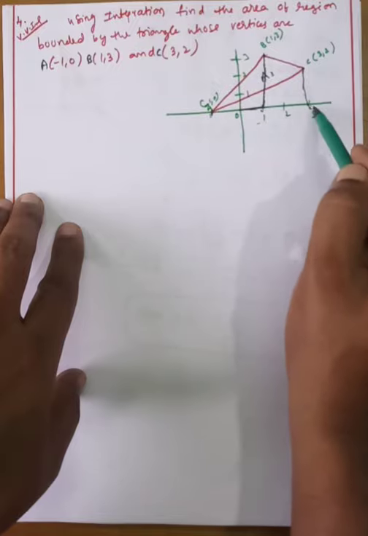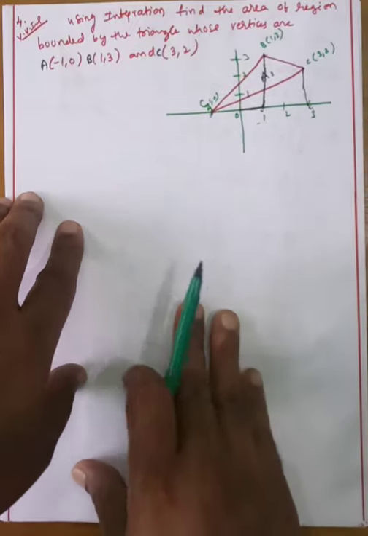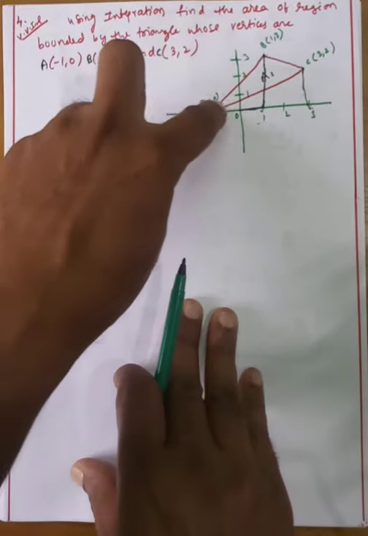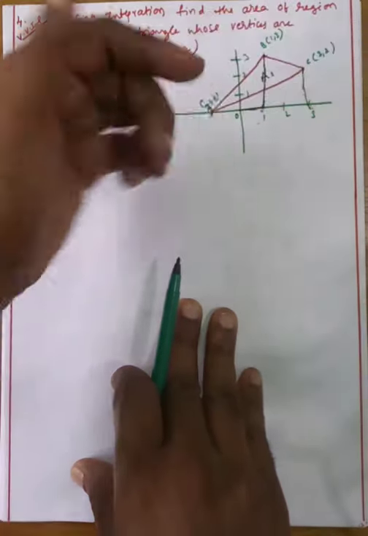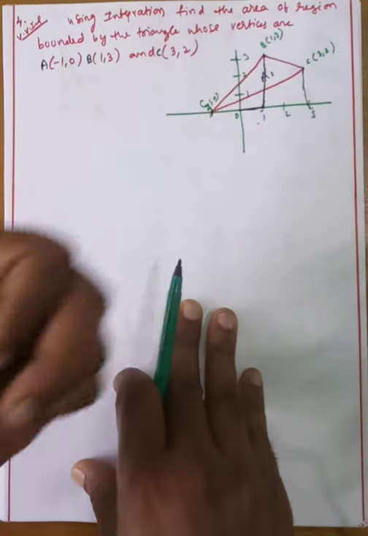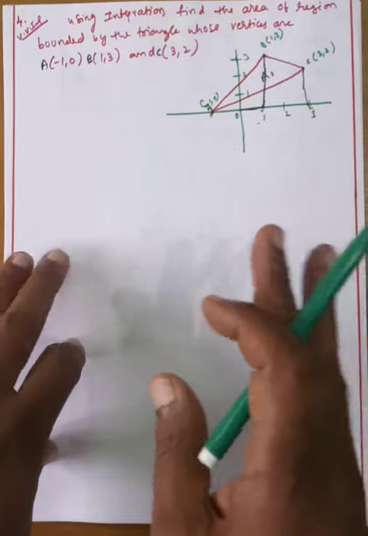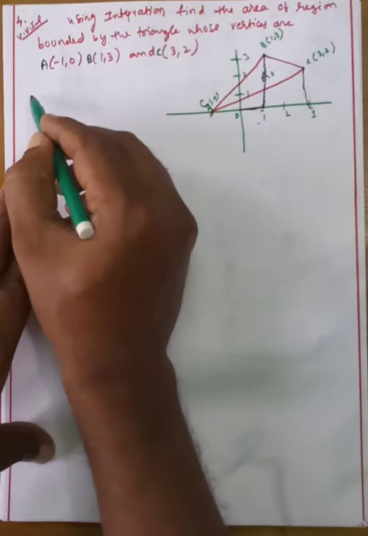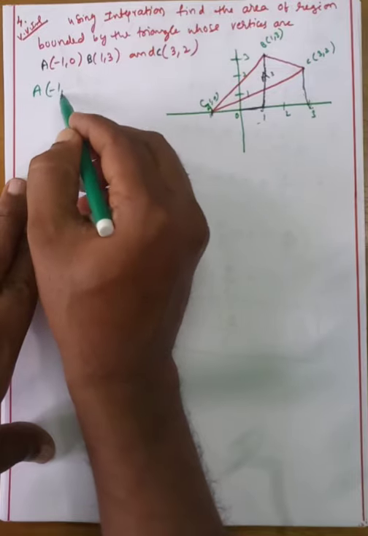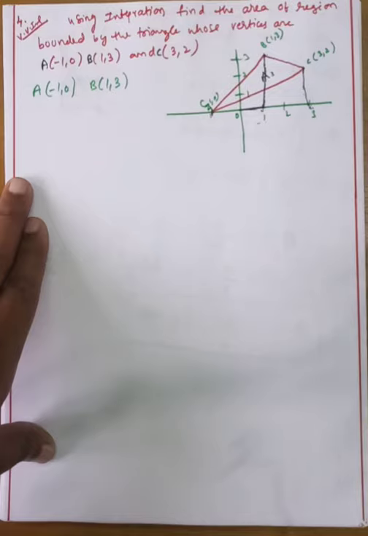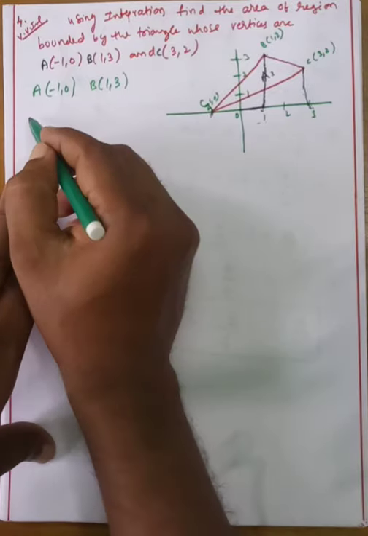After that we find 1 to 3, that means the area from here to here. But we don't need this lower portion, that's why we subtract the -1 to 3 area, means side AC area we subtract. Now first we will find the equation of AB. A means -1, comma 0. B means 1, comma 3. This is x1 y1, this is x2 y2. Now equation of AB is equal to, do you know the formula?